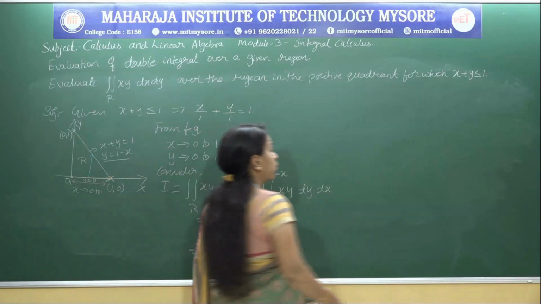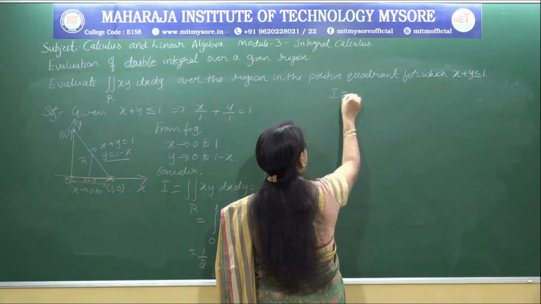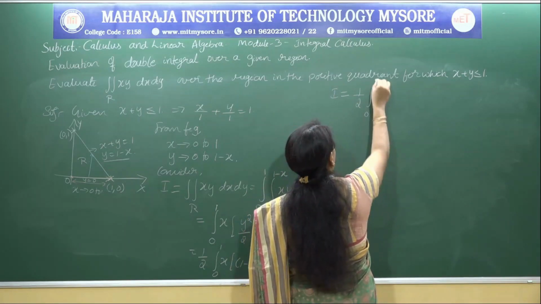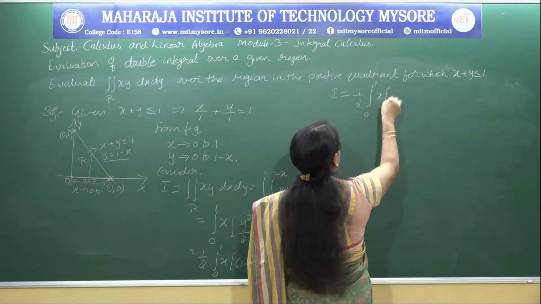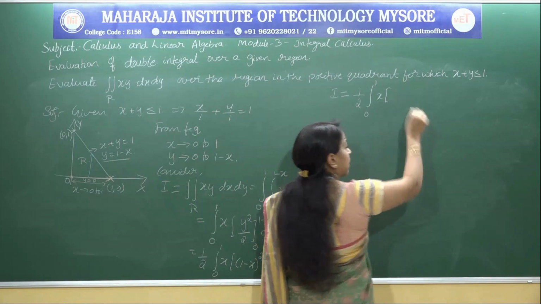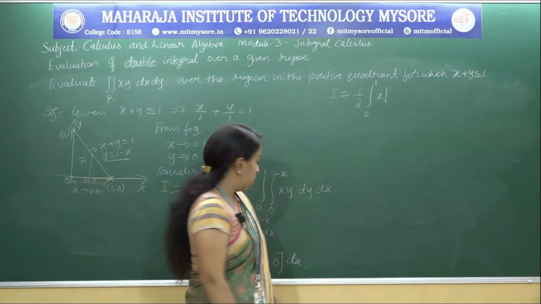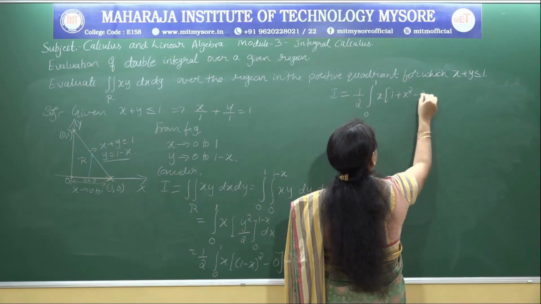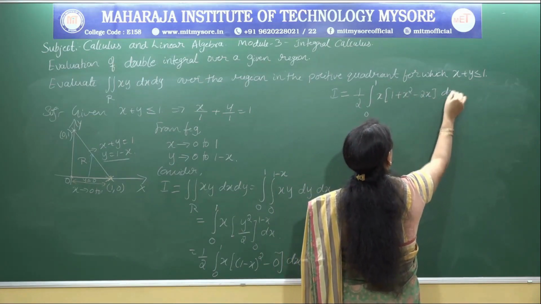Now simplify before integrating. I equal to 1 by 2 integral 0 to 1 x into, expanding (1 minus x) whole square using the a minus b whole square formula, 1 plus x square minus 2x, dx.